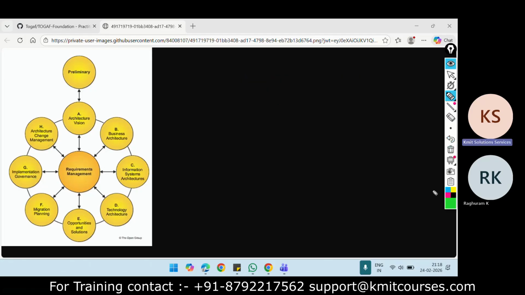Each phase, for example the preliminary phase, will generate one output, which will become the input for the next phase.